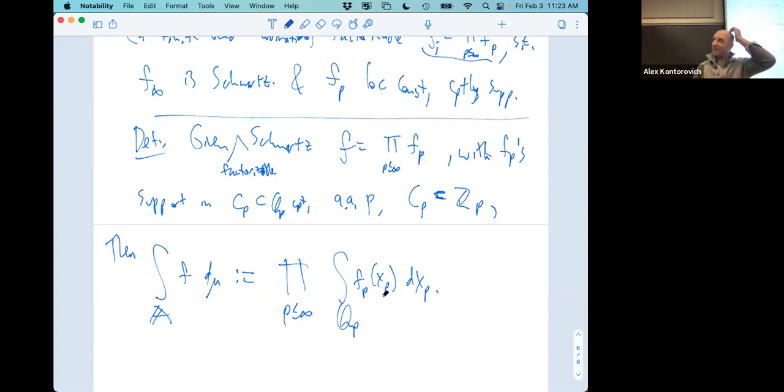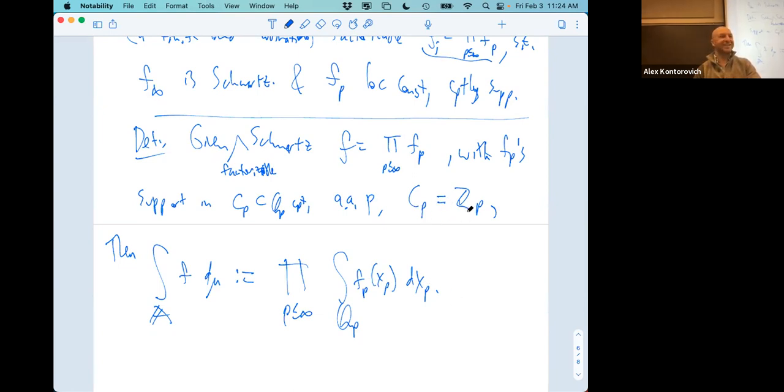Now I'm doubting myself, because do I want this equal to Z_p? The condition C_p contained in Z_p, together with all but finitely many of those f_p being 1 on C_p, requires that almost all C_p equal Z_p. So those are the same.